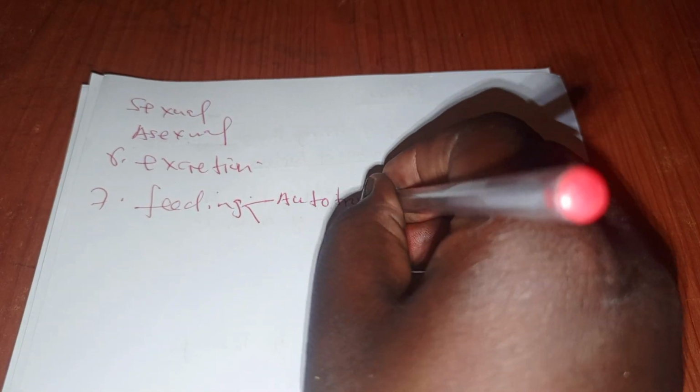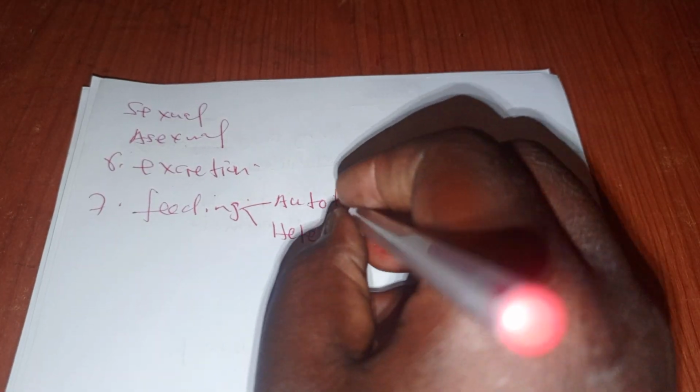Feeding is the process by which living organisms or living things make food available for their processes. And there are two types of feeding: auto means self, autotrophic, and also heterotrophic.